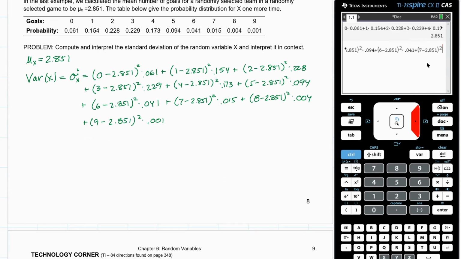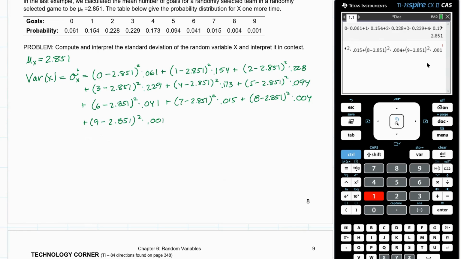Multiply that by the probability of 7. And now 8, and the probability of 8. And then lastly, 9. Square that, and then multiply it by the probability of the 9. Now, I hope I got all those in right.